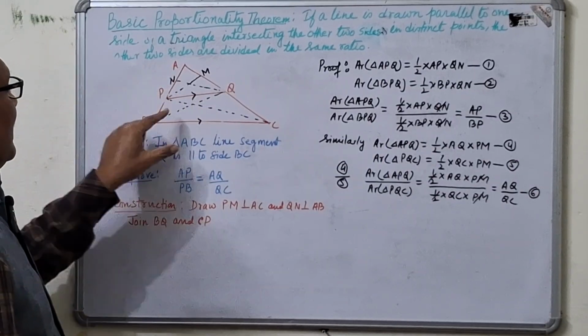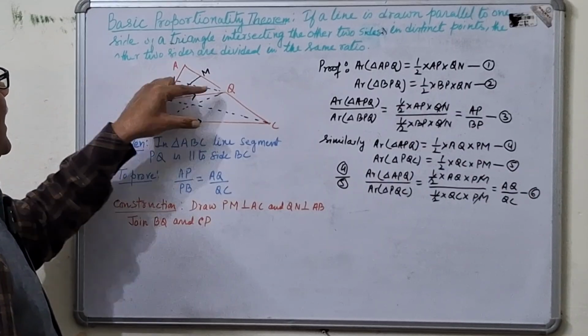Lines PQ and BC, so their areas will be equal.